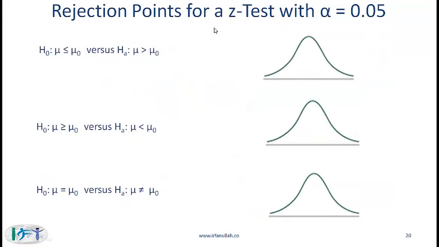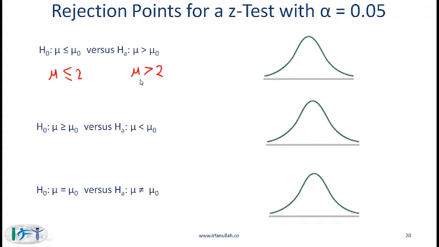Next, we'll talk about the rejection points for a Z test with alpha equal to 0.05. So there are three types of hypotheses we can have. One hypothesis is where the population mean is less than a hypothesized value, and just to take an example that we've discussed earlier, you can have a situation where mu is less than or equal to 2 versus the alternate hypothesis where mu is greater than 2.